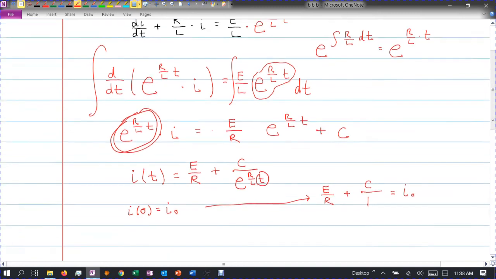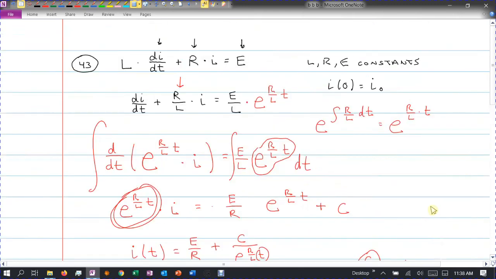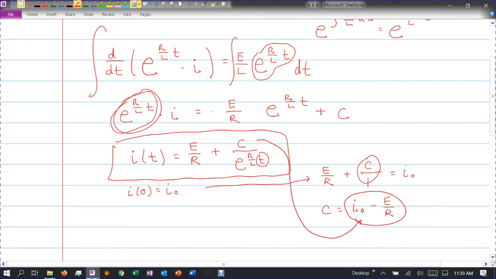And so that means C must be I sub 0, I'm just solving for C here, minus E over capital R. All right, let me double check this. Yes. Yep. Okay, so we could rewrite the final answer as this and replace that C with that right there.